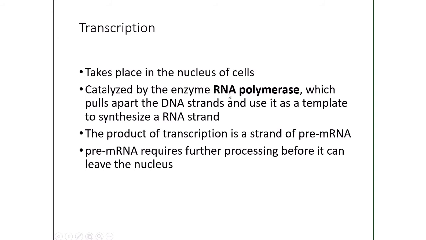So the polymerase will pull apart the DNA strands, and then we will use the template strand to create the RNA strand. And the product of transcription is a strand of pre-mRNA. As mentioned earlier, the mRNA is not ready to go into the cytoplasm yet. It requires further processing before it's stable enough to go into the cytoplasm.